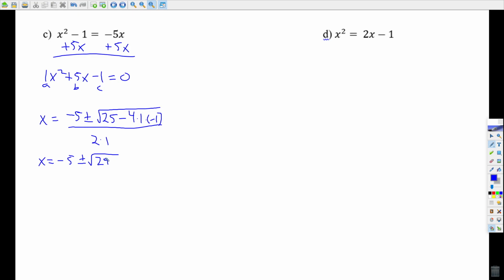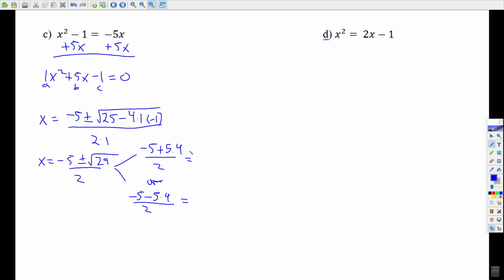Square root of 29 will be a little over 5. 5.38. So I'll do 5.4 to round it up. It's all over 2. So I'll go ahead and split it now. So negative 5 plus 5.4, if you round it up, over 2, or negative 5 minus 5.4 over 2.